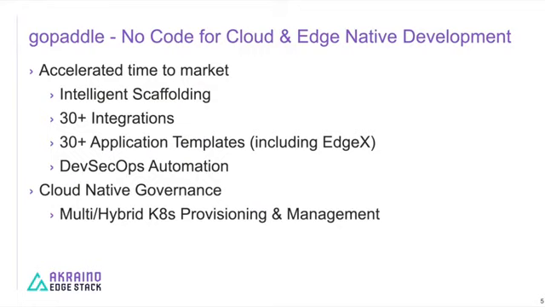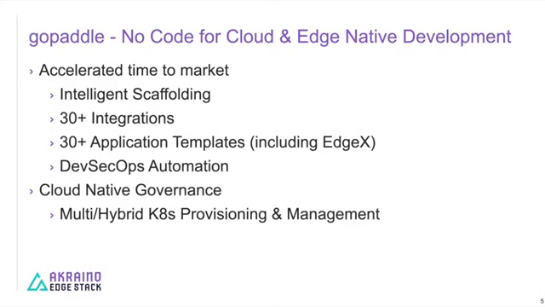Coming to GoPaddle, it's a no-code platform that helps build both cloud and edge native applications. It helps accelerate time to market with features like intelligent scaffolding, which onboards applications by just reading the source code projects and building all the cloud native artifacts. It also has integrations with third-party tools, so developers get logging, monitoring, CI/CD, and other capabilities instantaneously.